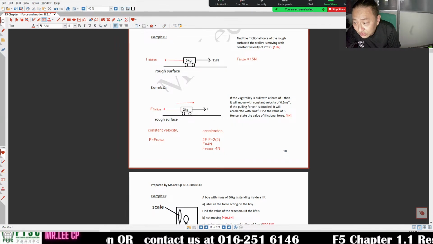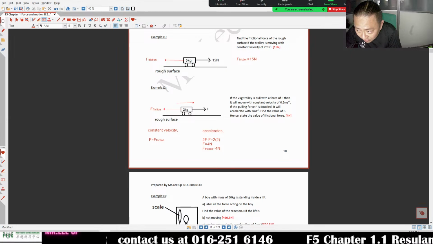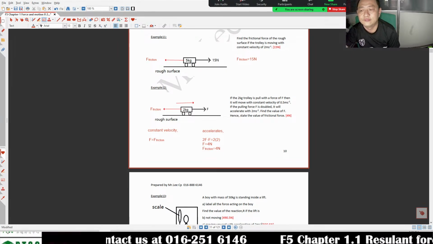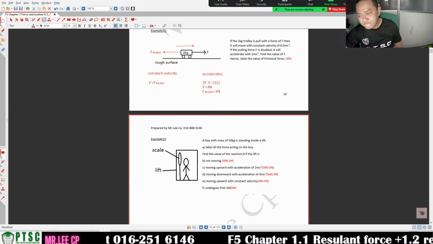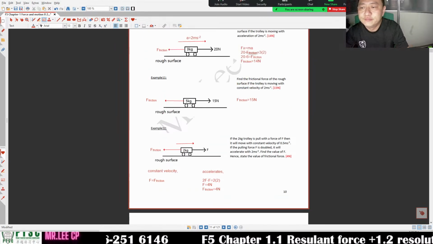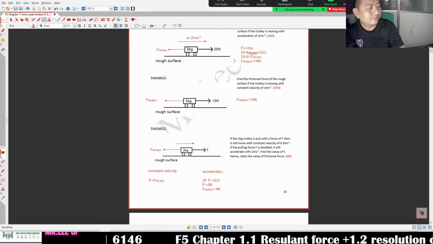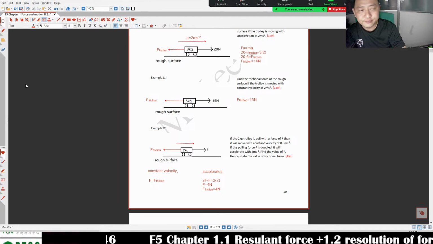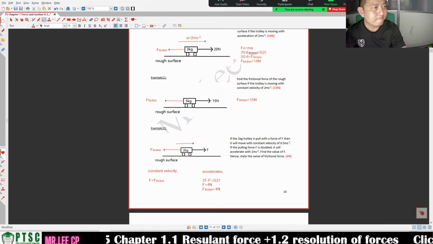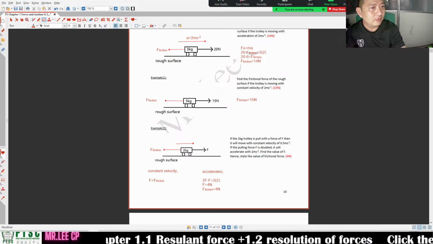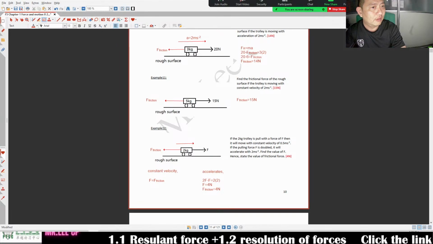The value of frictional force is 4 Newton. The value of force is 4 Newton. Any question from here?